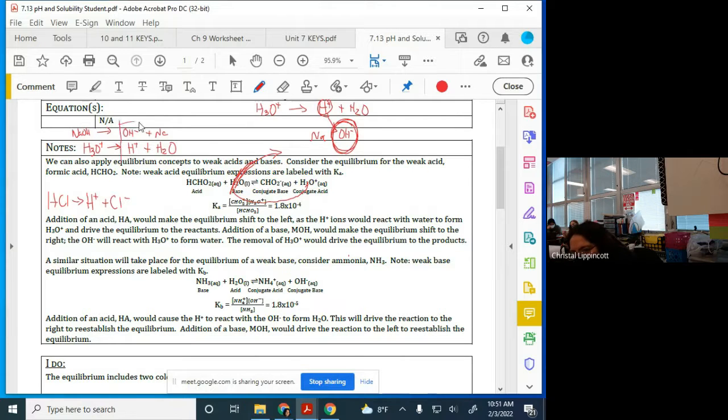These two things then will hook up and they're going to make H2O. Because you're increasing this amount, it's going to shift it, and you're pulling some of this out to make this guy. It's going to shift the equilibrium this way to make more of that.